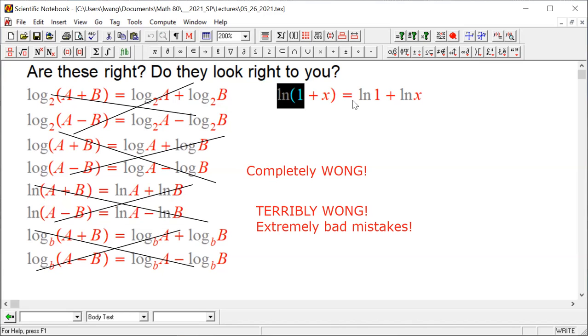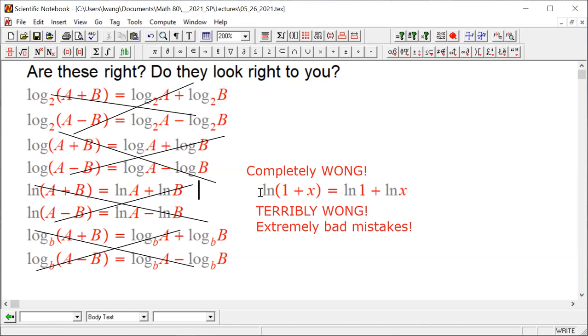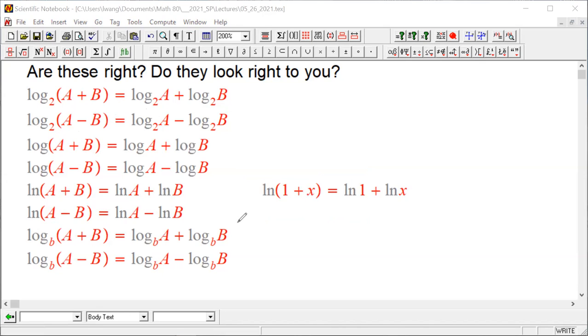This mistake really shows up in many different faces, in different shapes and forms, but they all originate from the same misconception.